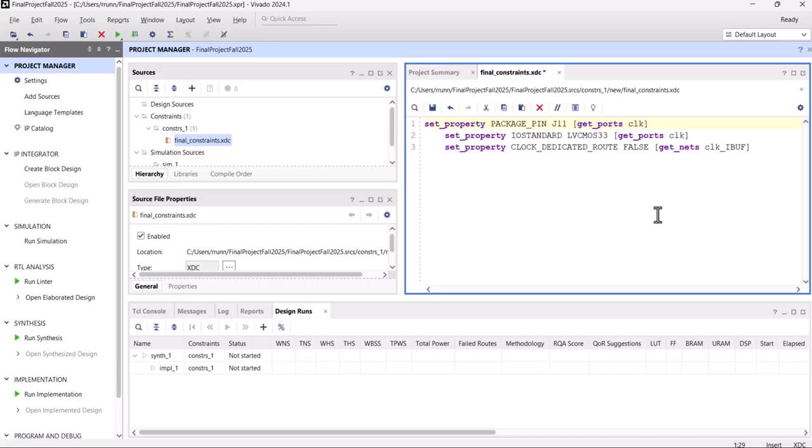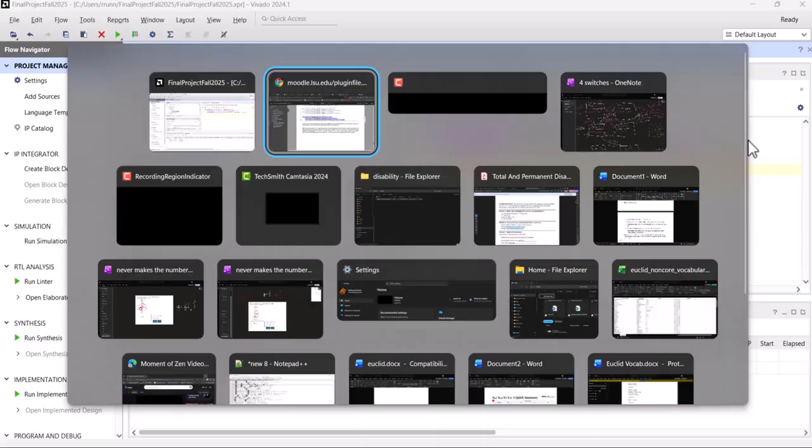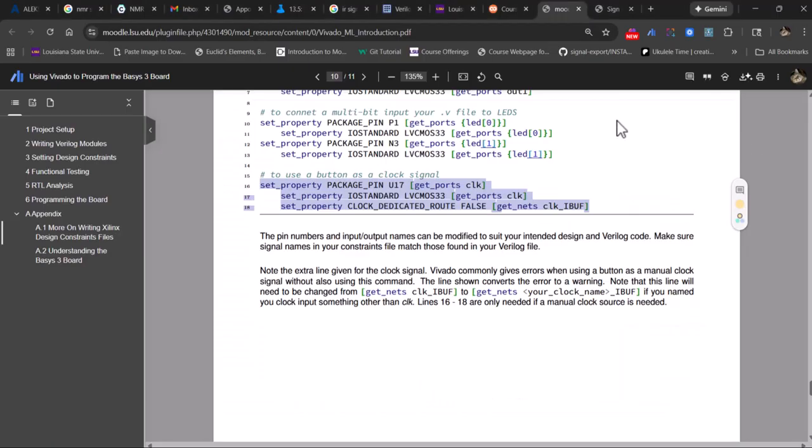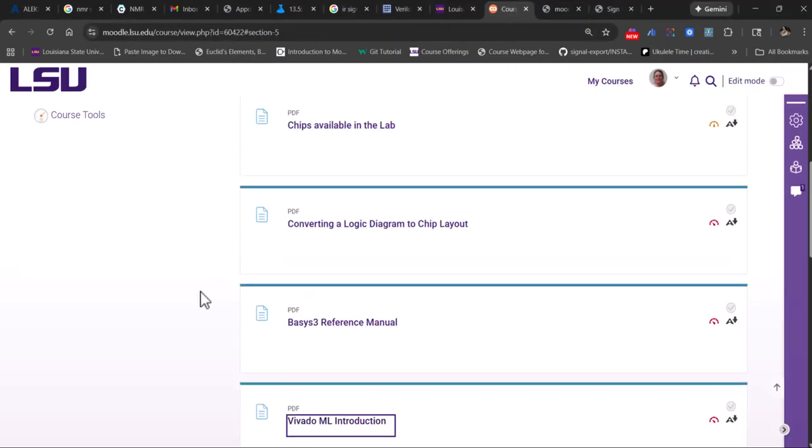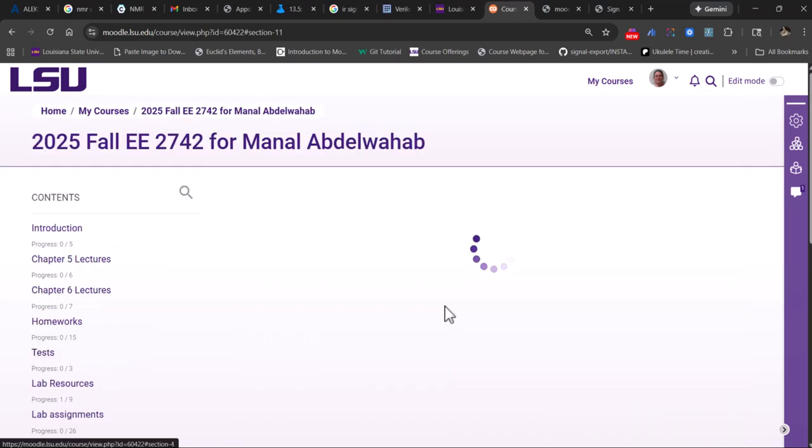Okay, so the project is supposed to have 4 switches and 4 LEDs, and it specifies which ones to use. I would get those from the constraints that I posted in the SI resources.